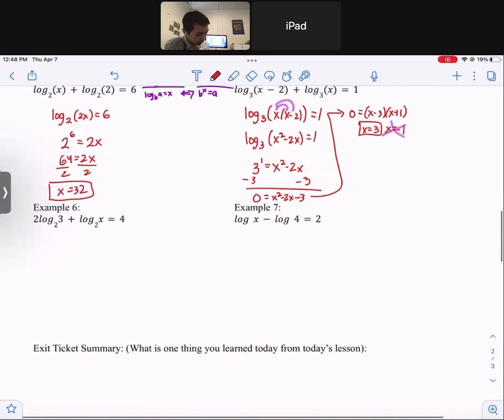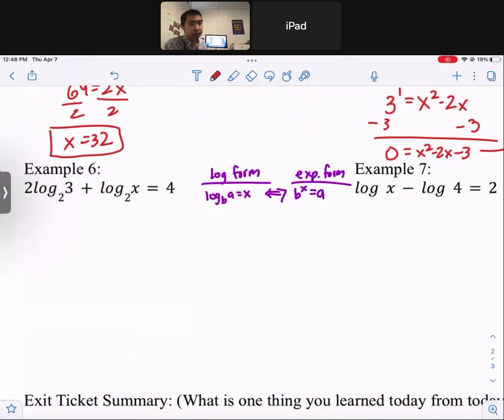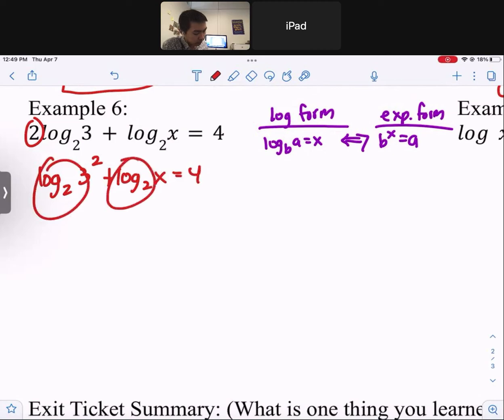Example 6, and I'm going to drag down this log form and exponential form so we have a frame of reference. So this one certainly looks like it's going to be a log versus some type of number. So we've got to condense this, but we need to move this 2 to become the exponent of the 3 from the power rule. Rewrite everything. We have a log plus a log, so when we condense this, this is your product rule.